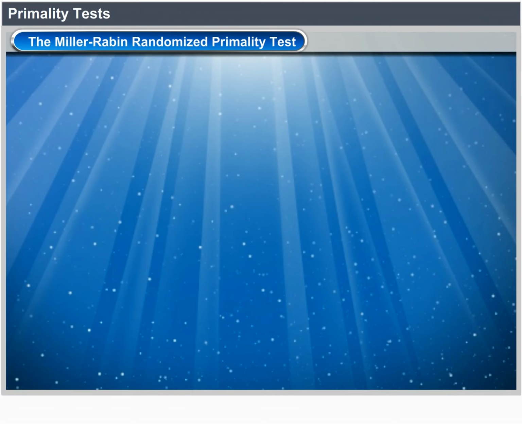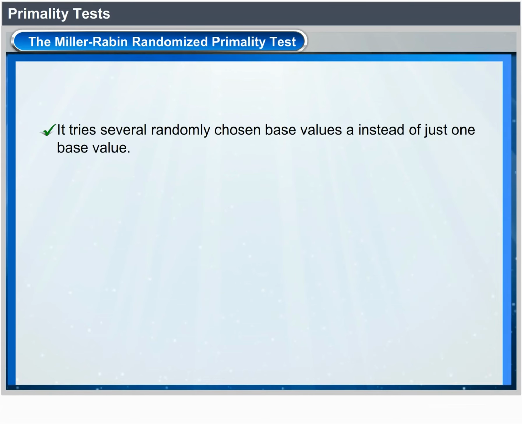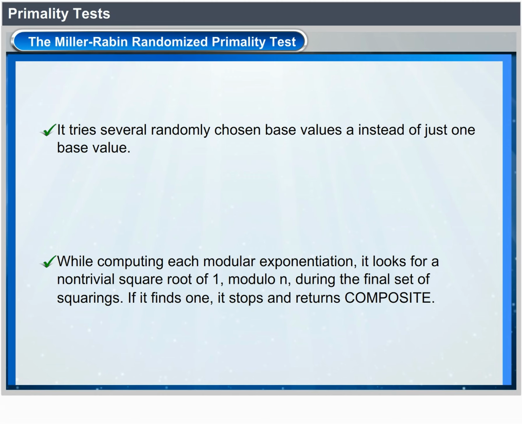The Miller-Rabin primality test overcomes the problems of the simple test pseudoprime with 2 modifications. It tries several randomly chosen base values instead of just one base value. While computing each modular exponentiation, it looks for a non-trivial square root of 1 modulo n during the final set of squarings.